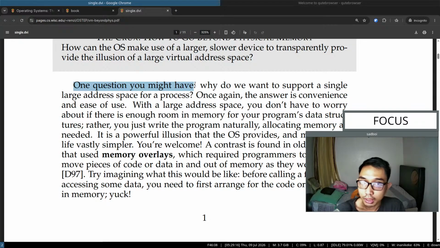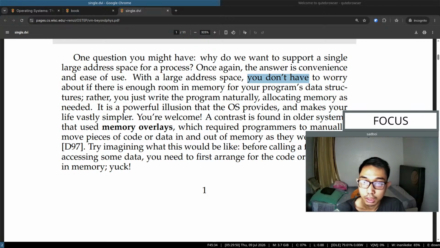One question you might have: why do we want to support a single large address space for a process? Once again, the answer is convenience and ease of use. With a large address space, you don't have to worry about whether there is enough room in memory for your program's data structures.